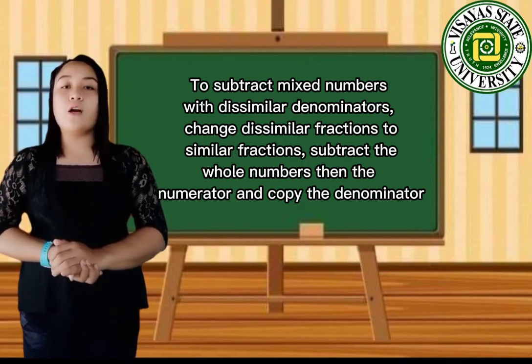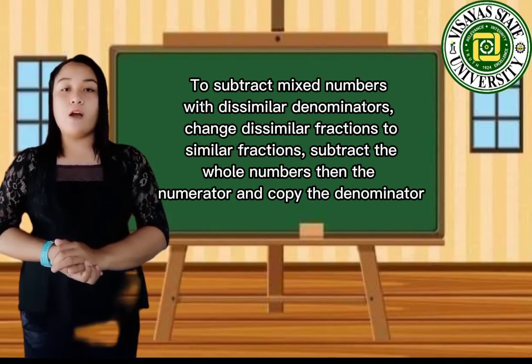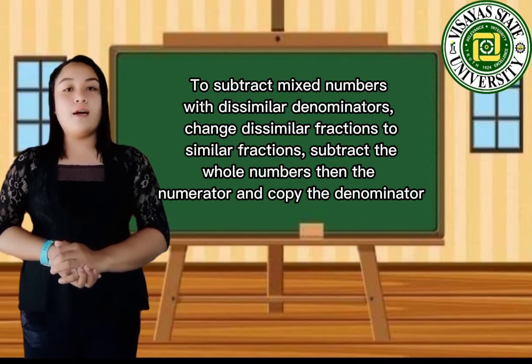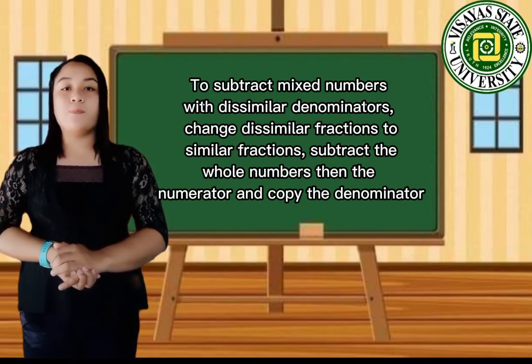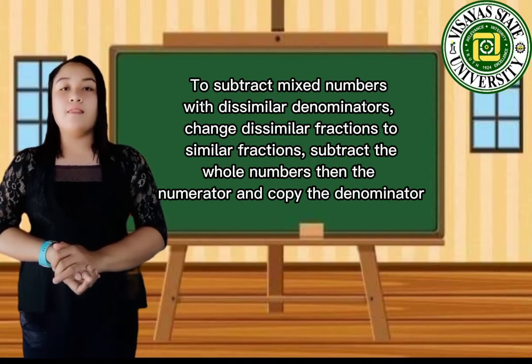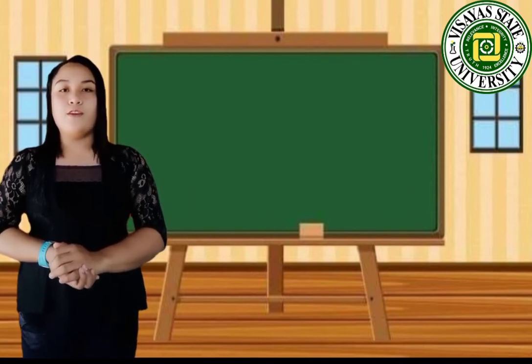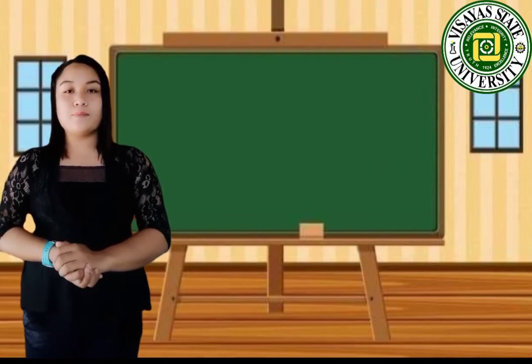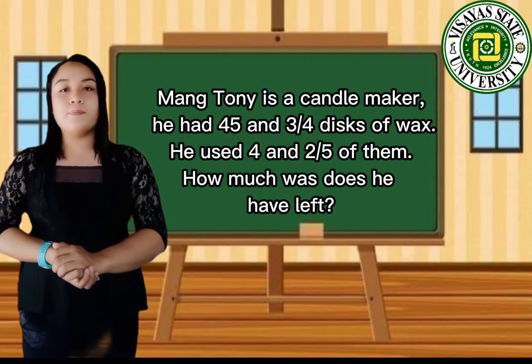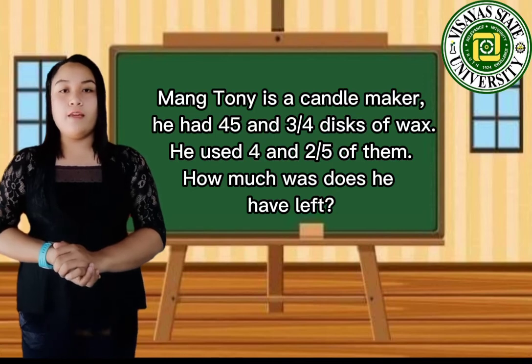Very good. To subtract mixed numbers with dissimilar denominators, change dissimilar fractions to similar fractions. Subtract the whole numbers, then the numerators, and copy the denominator.